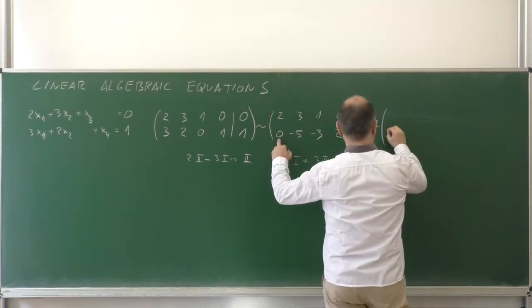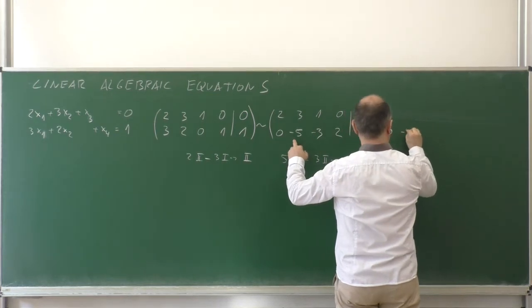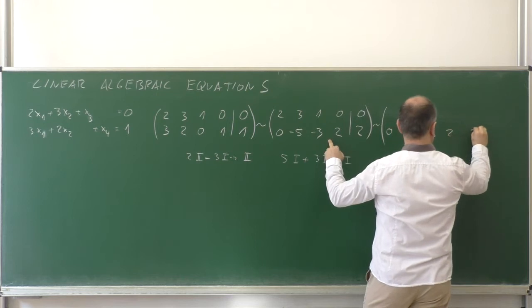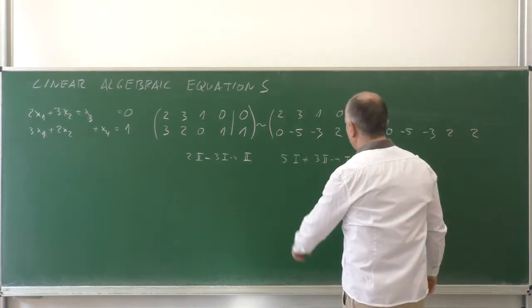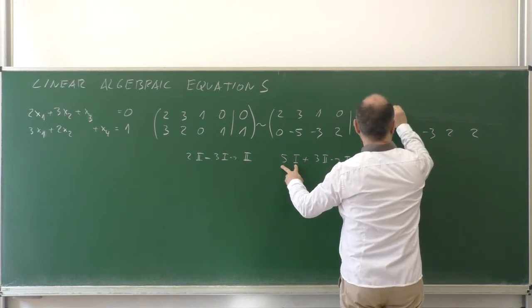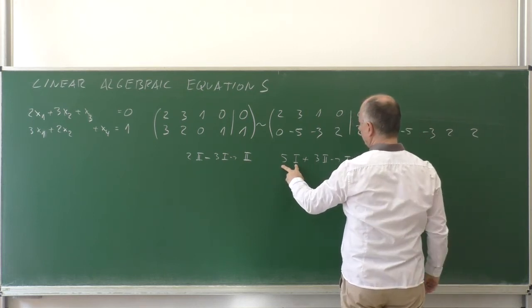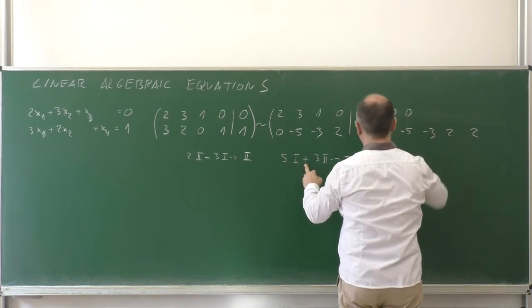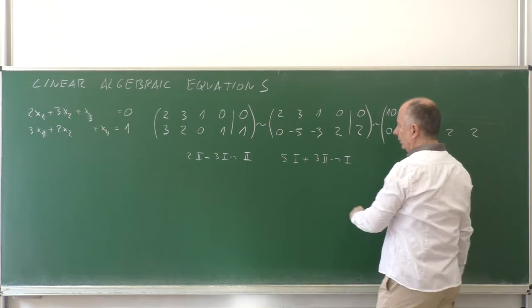So we can copy the second row, 0, minus 5, minus 3, 2, 2. And here we have 5 times the first, which is 10. 15 minus 15 is 0. That was the reason for this combination.